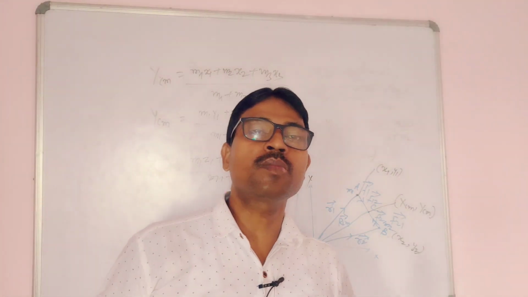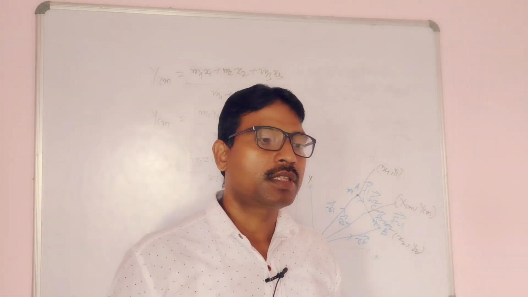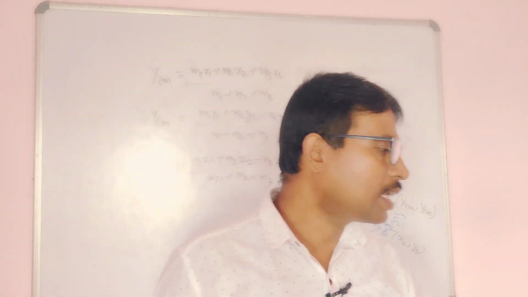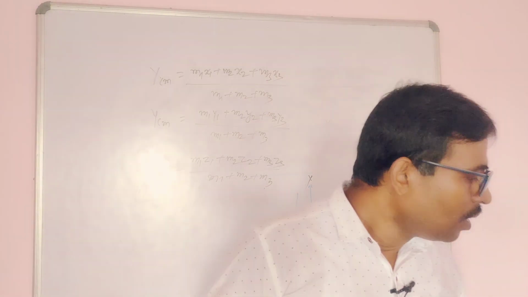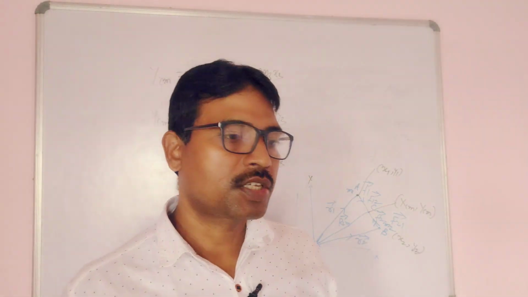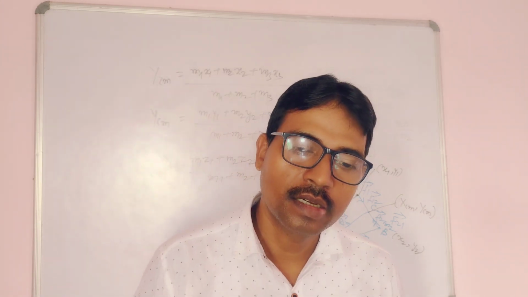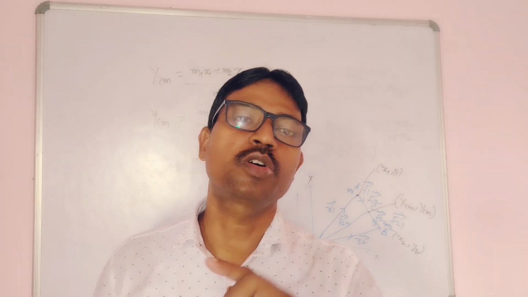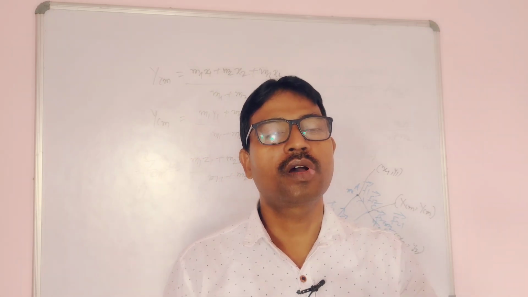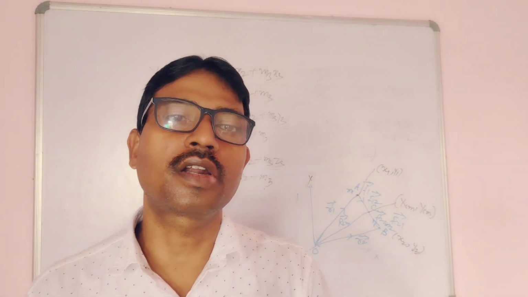But when a system consists of n particles, there is a distribution of particles in space. Suppose the system consists of a number of particles having masses m1, m2, m3 ... mn, position vectors r1, r2, r3 ... rn, and velocities v1, v2 ... vn.